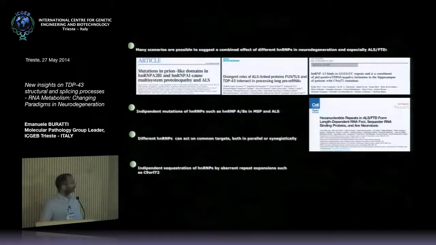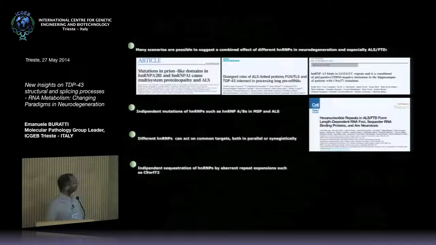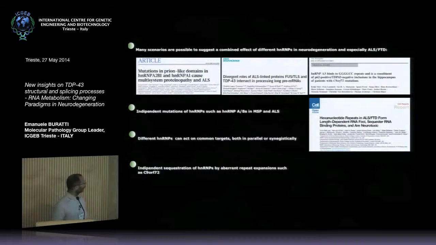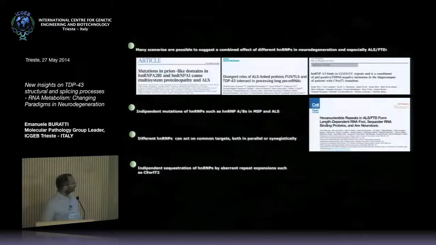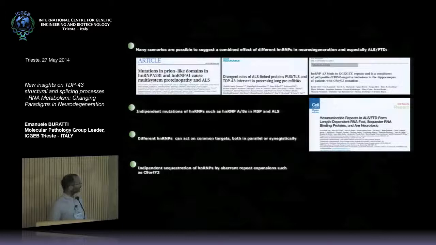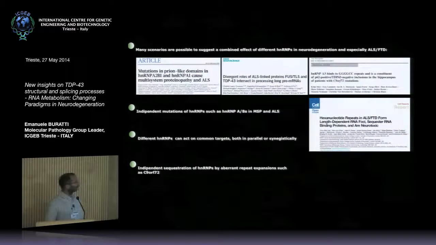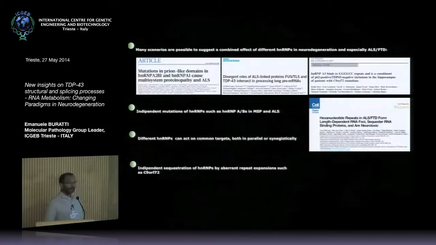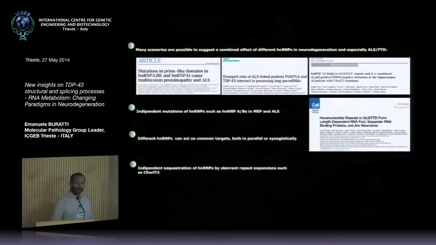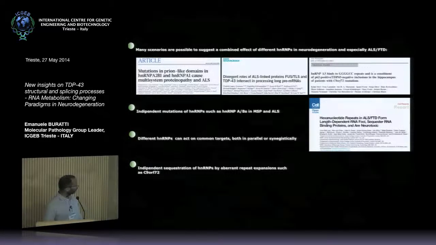And you can also think of other important functional connections between hnRNPs and TDP-43. For example, you could have individuals that carry independent mutations in hnRNPs like A and B, as John described this morning. Of course, as Clotilde Lagier-Tourenne, for example, has described for TDP-43 and FUS, different hnRNPs can bind common targets, and so they may act in parallel or synergistically to affect the processing of mRNAs that are important for the pathology.